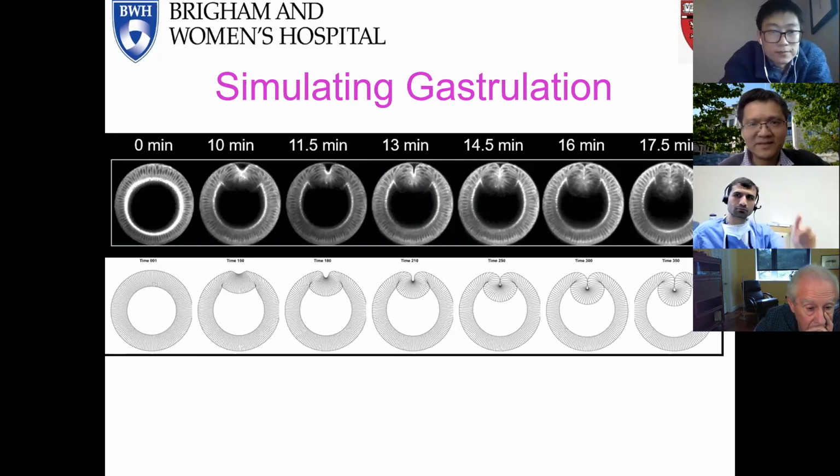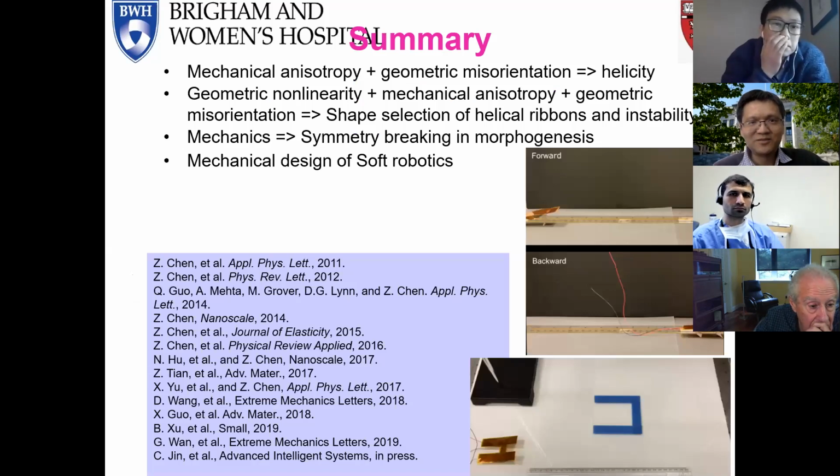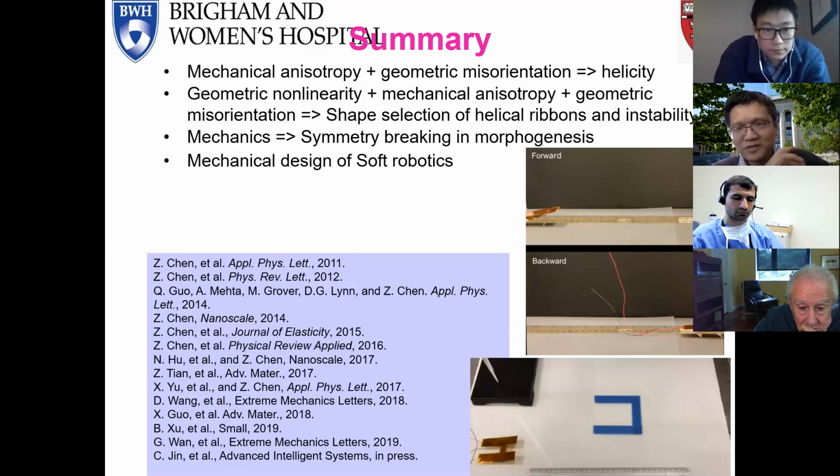All right, so just to quickly sum up, we've been studying the mechanics of formation of chiral structures in helical ribbons and in brain torsion. And then we also designed bioinspired soft robots and then studied collective cell migration.